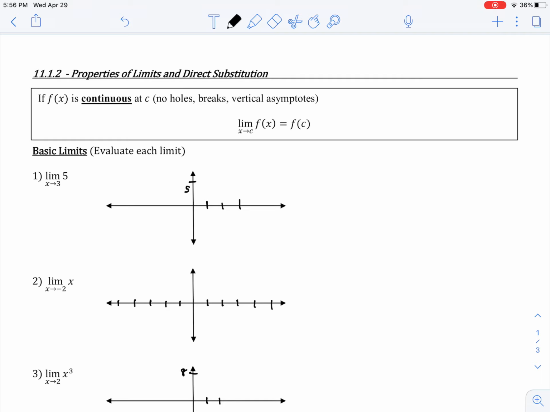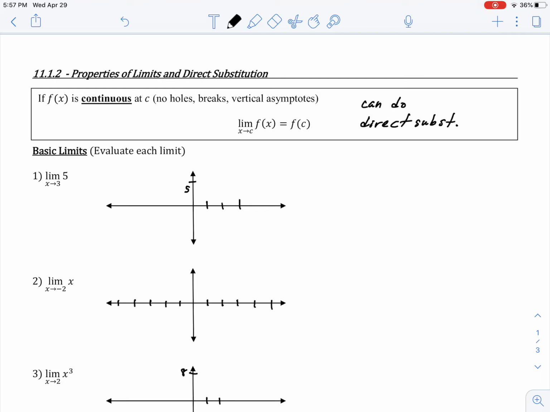If your function is continuous, in other words, there are no holes, no breaks, no vertical asymptotes, then you know that the limit of your function as x approaches c is simply going to be whatever your function is at c. It's that simple. So bottom line, if your function is continuous, then you can do direct substitution, and you are guaranteed then to find the limit of your function at any given c value.